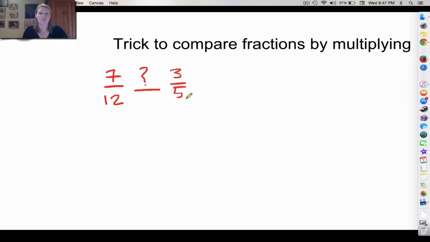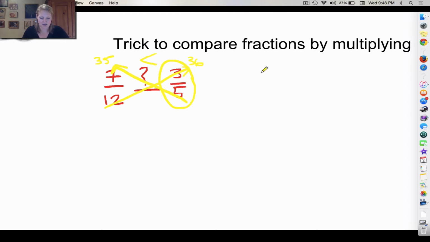If you draw a line and you say 5 times 7 is 35, and make sure that arrow goes to the top because you're talking about that side. And then 12 times 3 is 36. Which number is bigger, 35 or 36? 36 is, so that means that 3/5 is your bigger value. How cool is that? I just think that's the coolest thing ever.